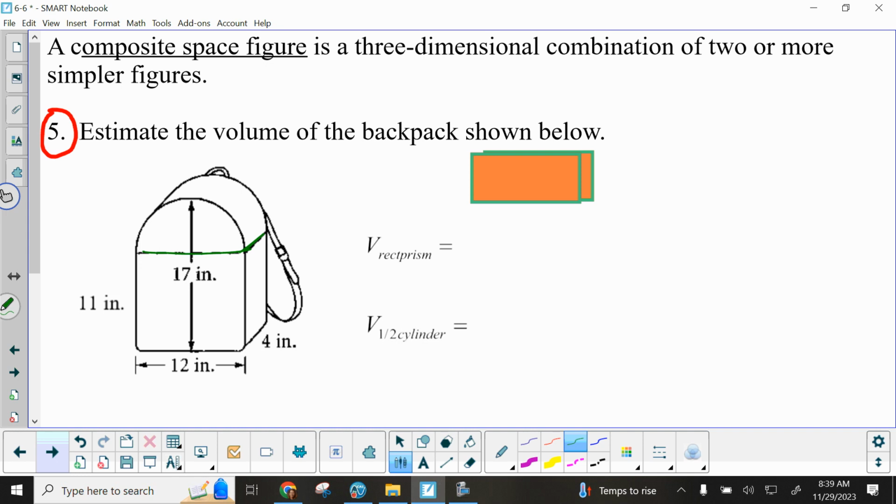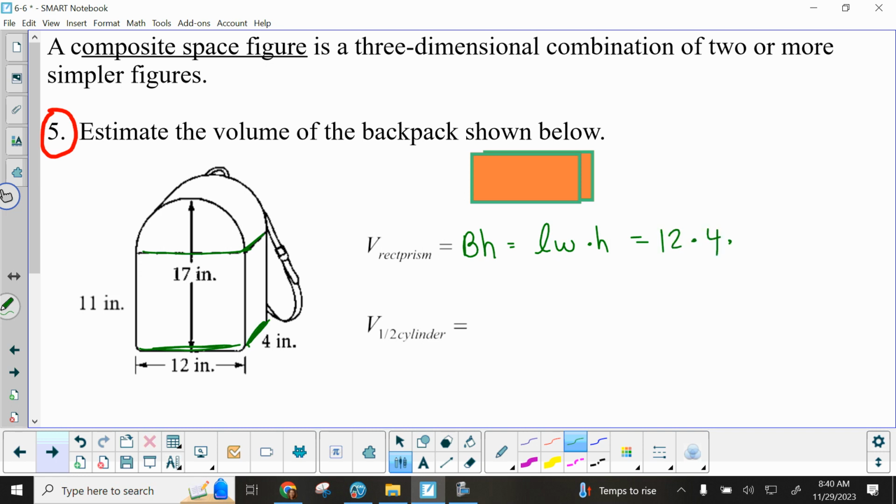So if I start with the rectangular prism, which is the bottom half, I know it's base area times height. Well, the base area is that rectangle, and a rectangle is length times width, and then I just have to multiply by the height of the prism. So let's see, I have a length of 12 and a width of 4.